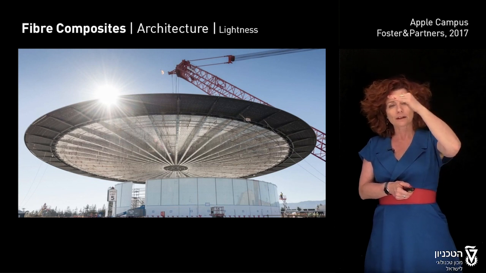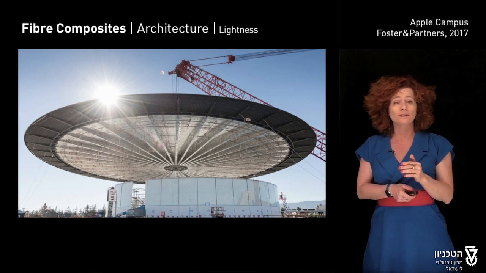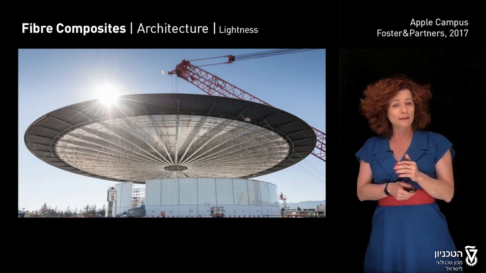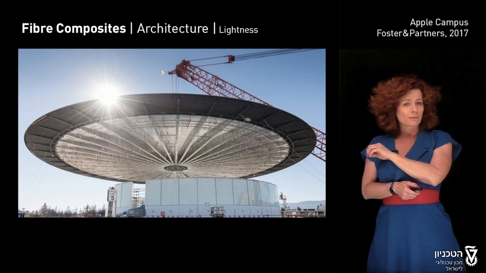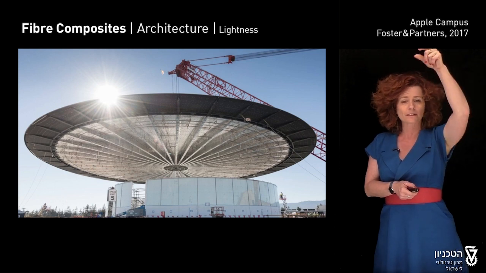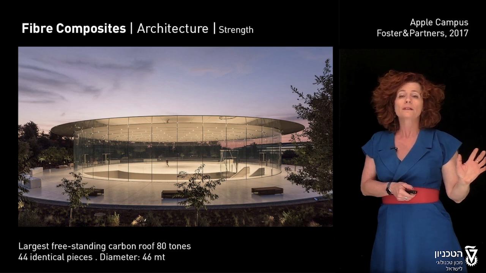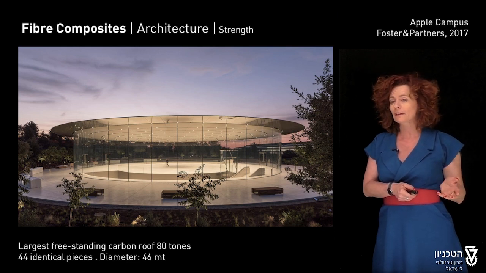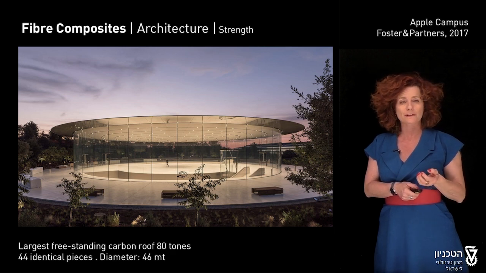And here, this giant dish is actually Foster & Partners' roof for the auditorium of the Apple campus and headquarters. So this is manufactured in Dubai, assembled on site in the headquarters, lifted by crane and just placed over the glass perimeter of a wall. So the largest freestanding carbon roof, weighing only 80 tons for a diameter of 46 meters.